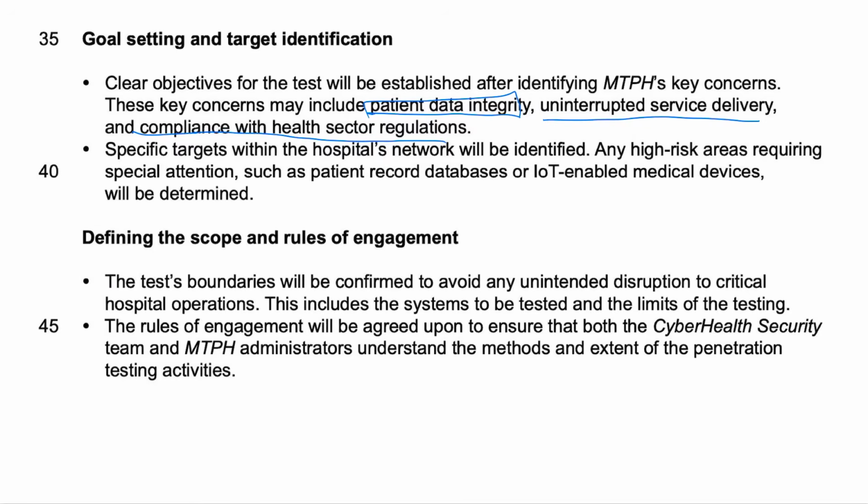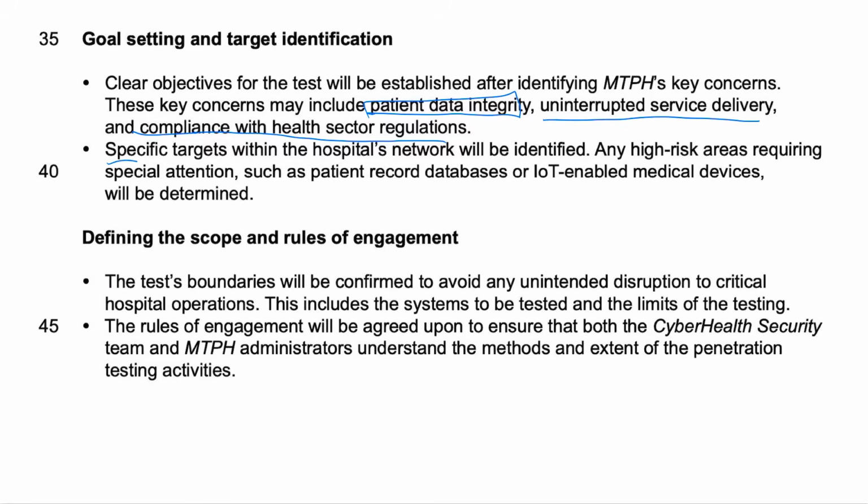So the hospital may want to comply with certain security-related aspects of legal regulations that govern their hospital's functions. And so they may be asking the security team to make sure that the MTPH of the hospital is actually following these regulations, and that their security meets the regulations that may have been set forth by some government body.